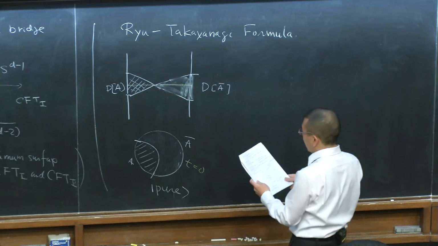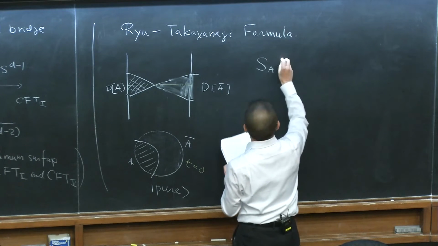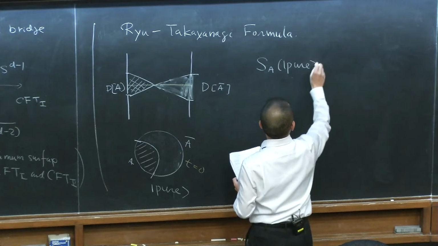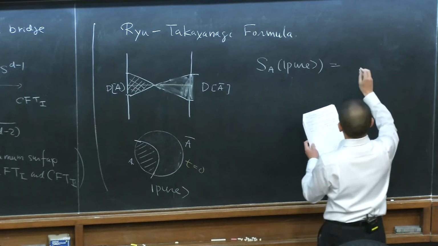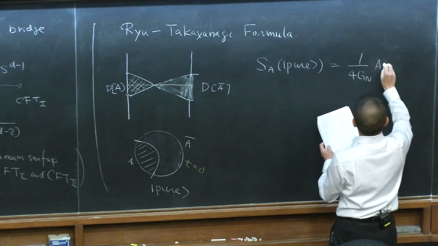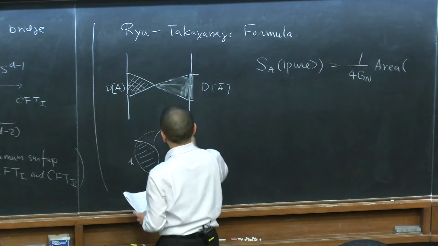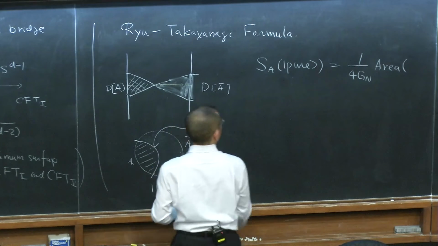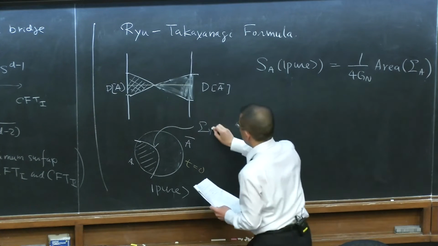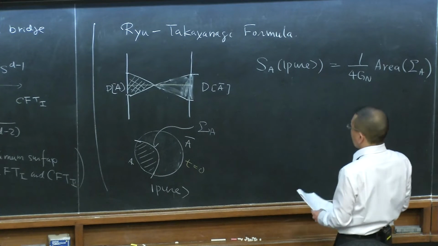So this led Ryu and Takayanagi to propose that for this kind of pure state, the entanglement entropy is given by the area of this surface, let me call it sigma, associated to A. And this has various features.